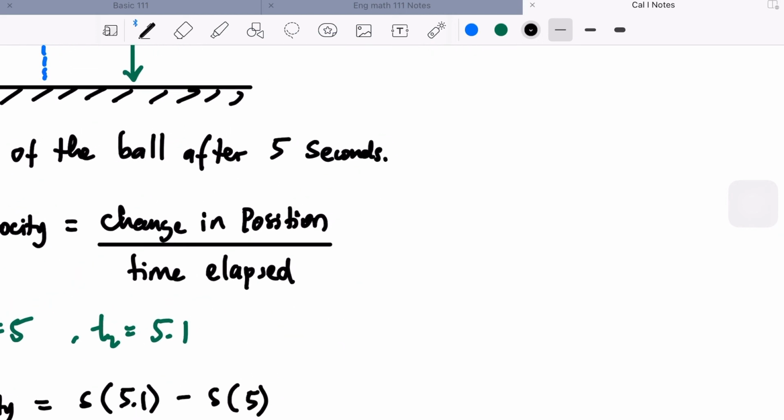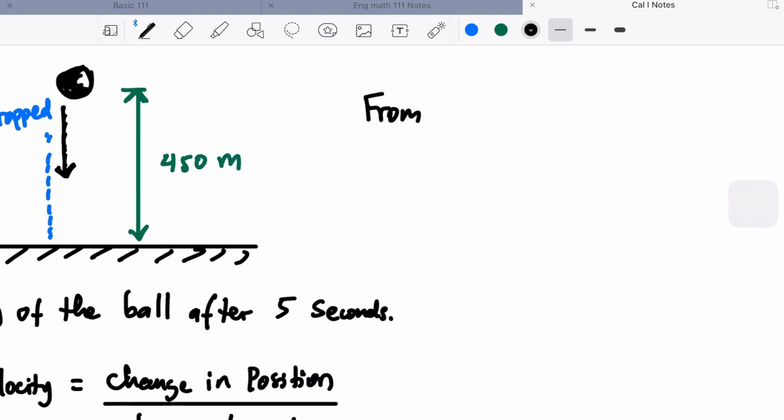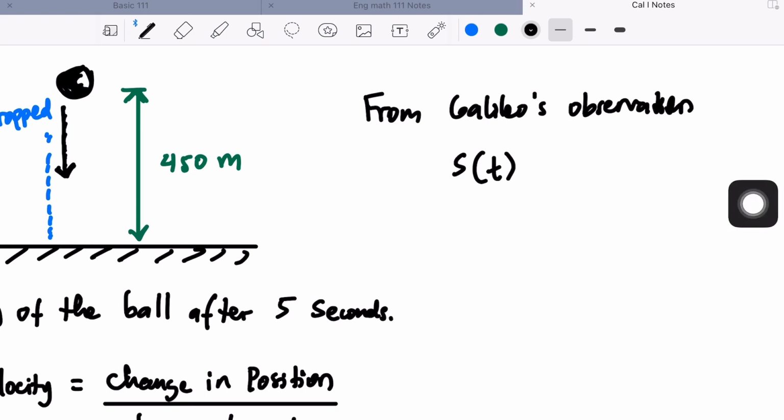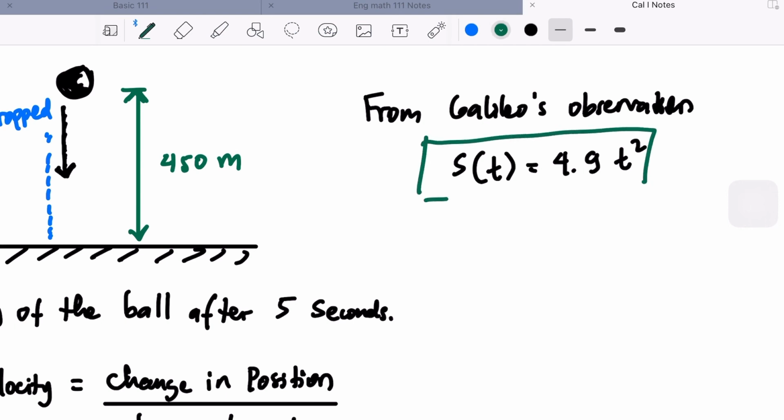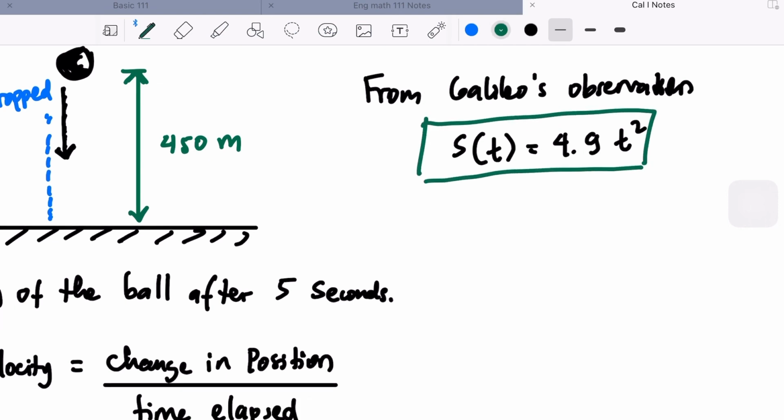So from Galileo's observation, he wrote that the distance, or the position function as a function of time, is equal to 4.9 t squared. Let's use this formula to get our positions.